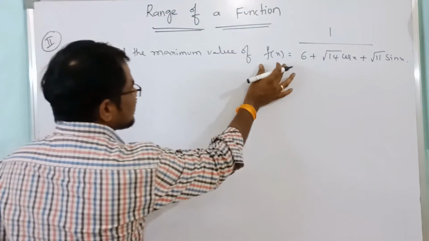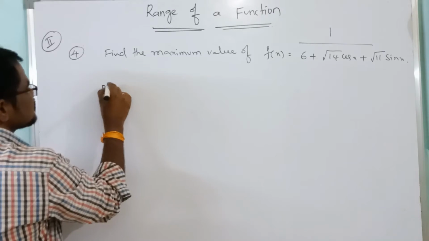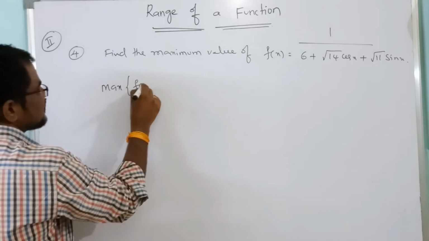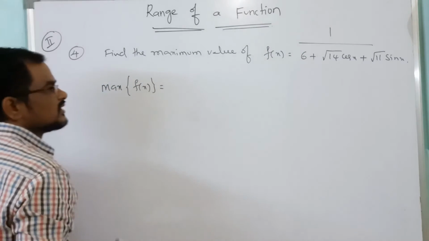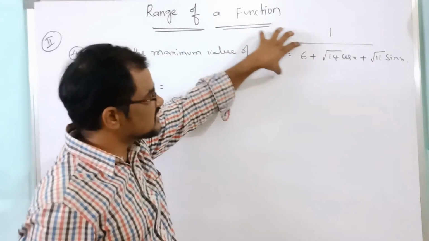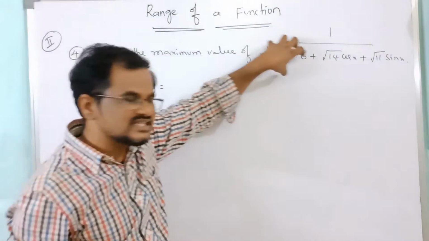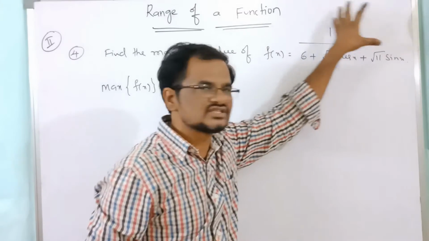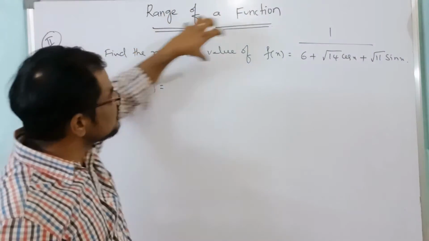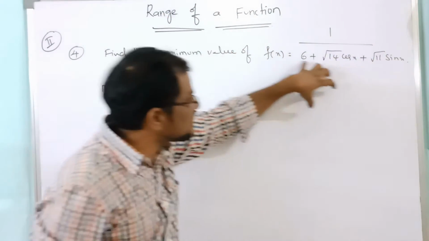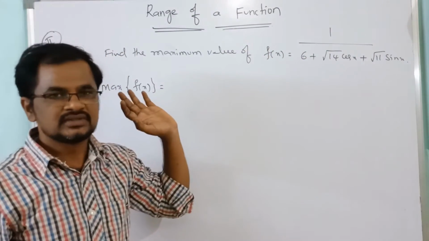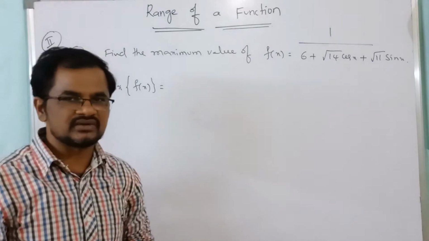To get the maximum of this function, if the denominator is minimum, then this function is maximum. And the minimum value of the function will be obtained when the denominator is maximum. So both maximum and minimum you can find.